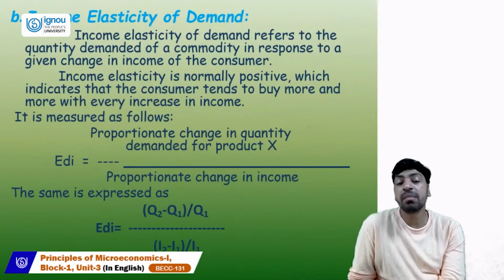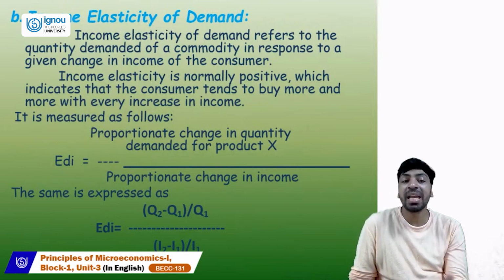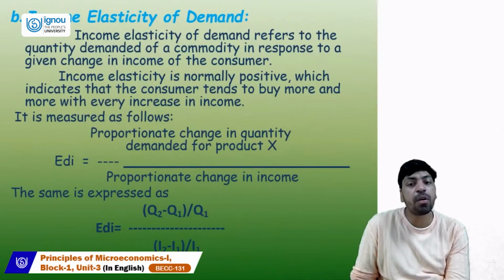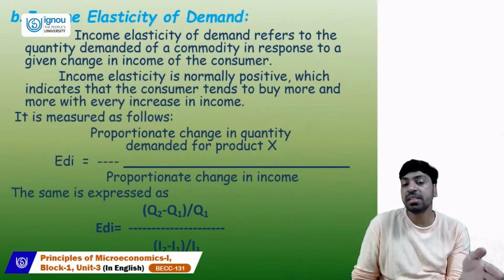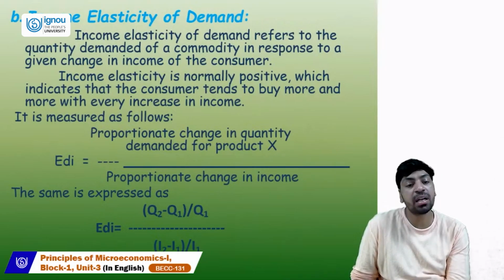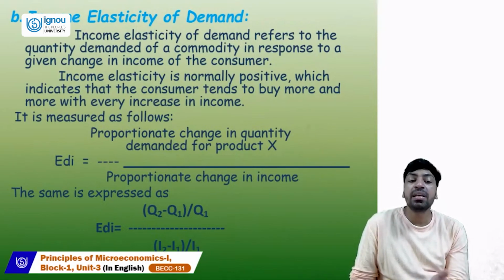When it comes to the mathematical formula, there are two main formulas to measure the income elasticity of demand. The first is the proportionate change in quantity demanded for product X by the proportionate change in its income. So if there is a change in demand just according to the change in income, that's called income elasticity of demand.